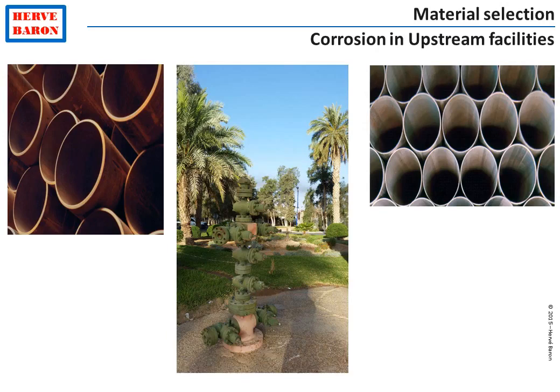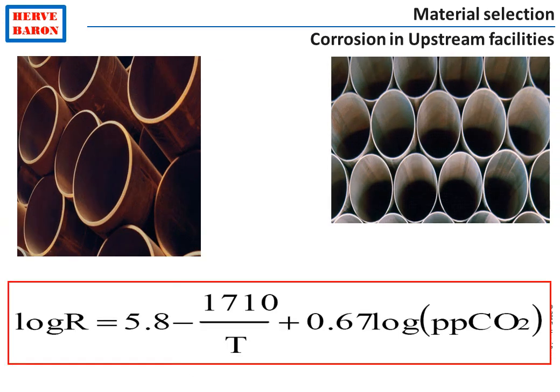This phenomenon is described by a corrosion rate formula. Such a formula gives the corrosion rate in millimeters per year, as a function of the temperature and the partial pressure of CO2, which is the concentration of CO2 times the pressure in the line.